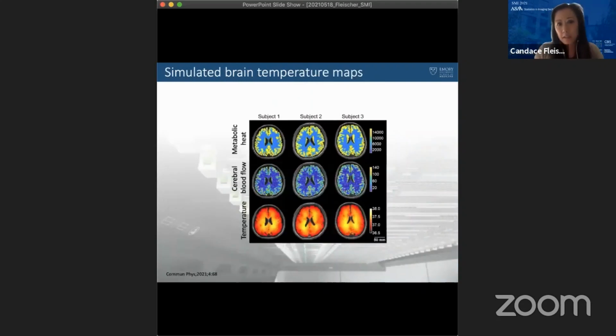So the way that we did this in humans is we actually acquired tissue and angiography and venography or vessel structure. And using those individual tissue and vessel structure maps, we're actually able to predict and model metabolic heat, which generates heat, and cerebral blood flow, which dissipates heat. And using the combination of these two, we can actually predict temperature on an individualized basis.